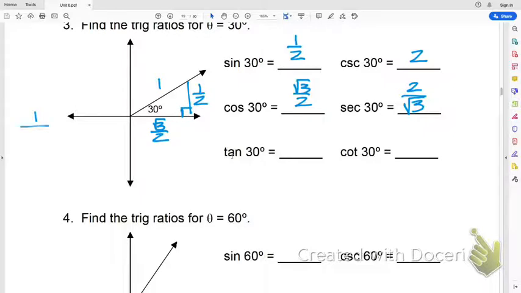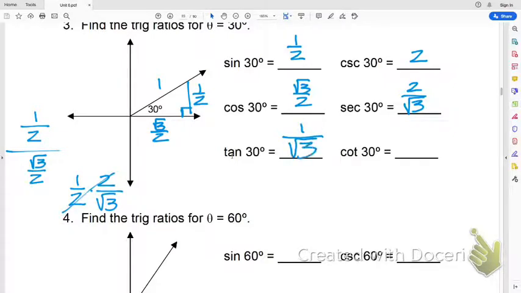Tangent is y over x. Technically speaking, when you have double fractions, what's kind of your procedure? Keep the first one and do what with the second one? Flip it and multiply. What happens to the 2's? Cancel.